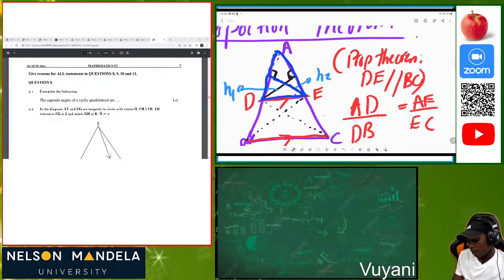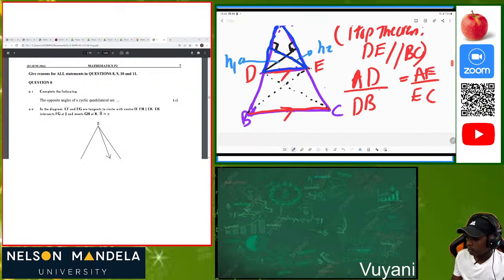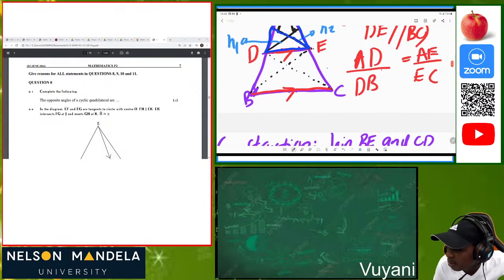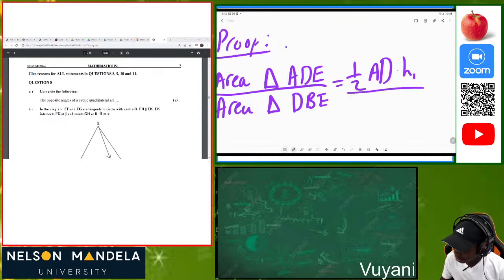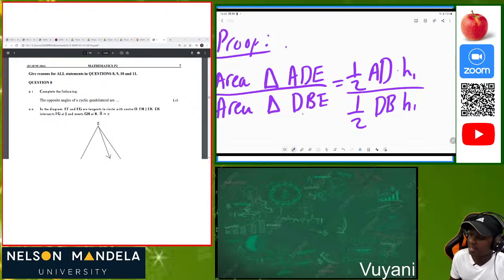It's 1 over 2 AD. AD is the base, and our height is H1. So it's half, the base is AD times height H1, divided by half of the base DB times height. They are having the same height.